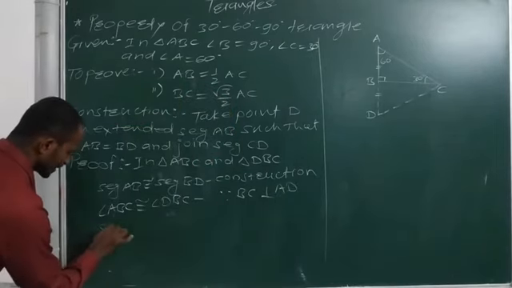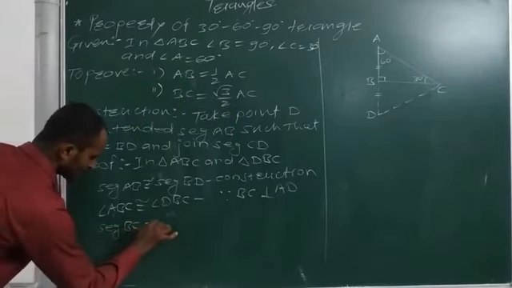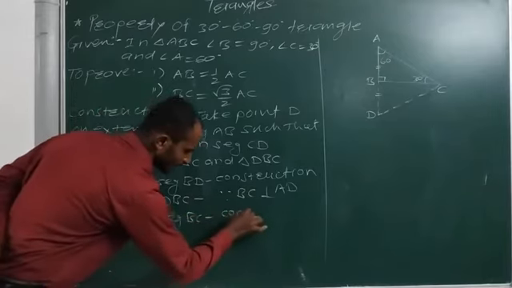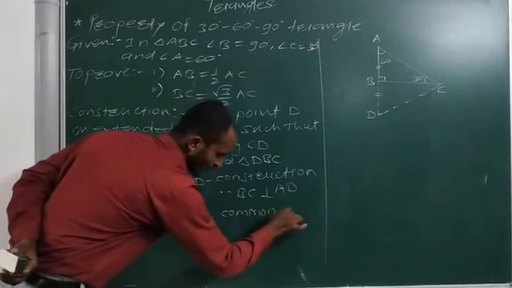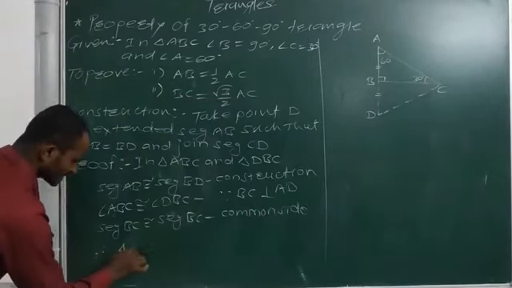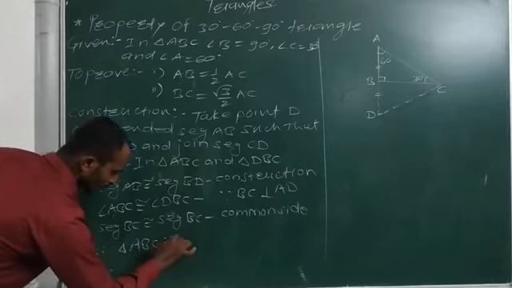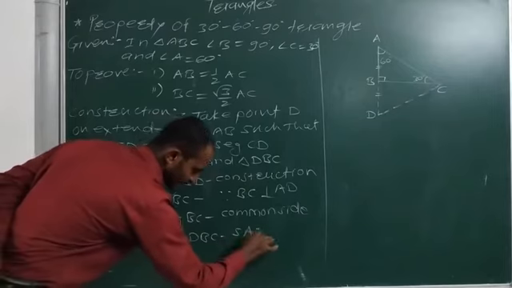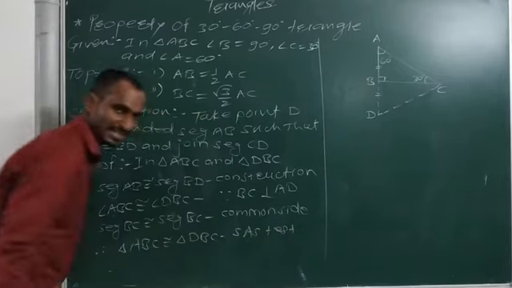And next, segment BC is congruent to segment BC because this is the common side. Therefore we can say that triangle ABC is congruent to triangle DBC by SAS test.